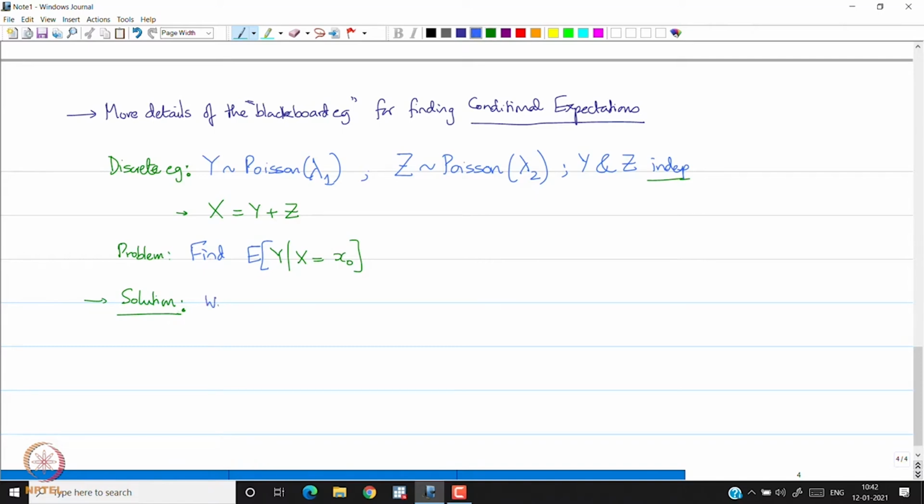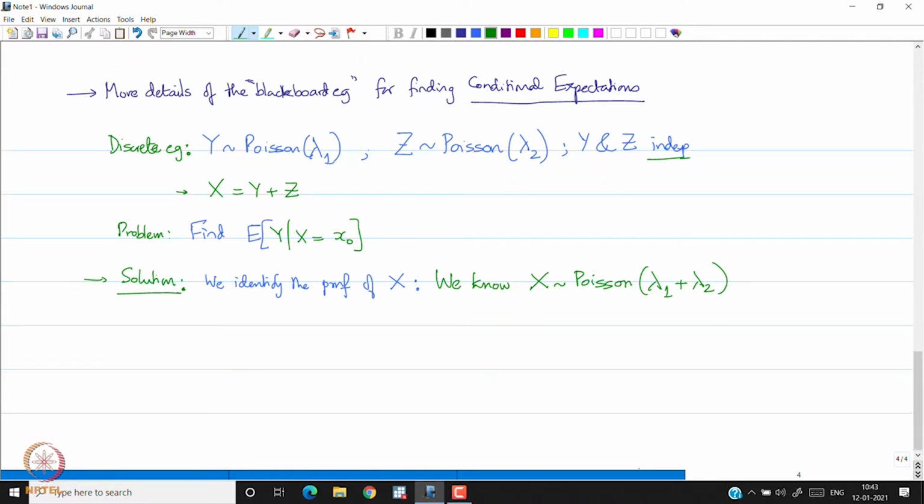First we will identify the distribution, the PMF of X. I hope we have covered this property of the Poisson distribution in some earlier lecture, but if you do not recall it exactly, take it for granted that if you add two independent Poisson random variables, the sum is also Poisson, with the parameter being the sum of the two parameters.